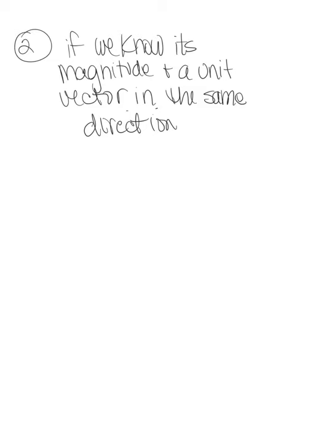To turn a vector into a unit vector, remember we use the formula: u, and we do put a cap on that, a unit vector in the direction of a vector v would be the same as the vector v divided by the magnitude of the vector v. Since magnitude is just a number, I can multiply both sides by the magnitude, and I get that v will be the magnitude of v times a unit vector in that direction.